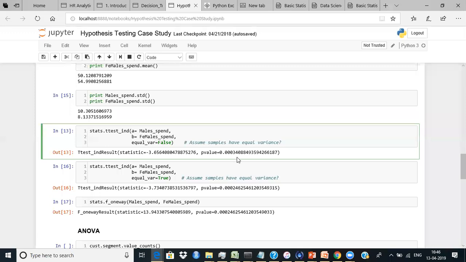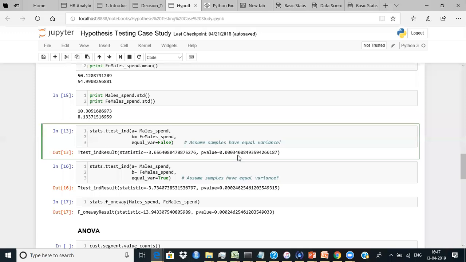According to the p-value, tell me what was that rule that you needed to remember? P-value, 5%, you accept. So is the p-value greater than 5%? No, not from the T table.